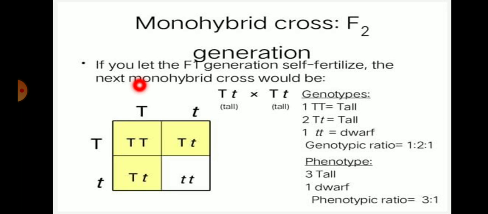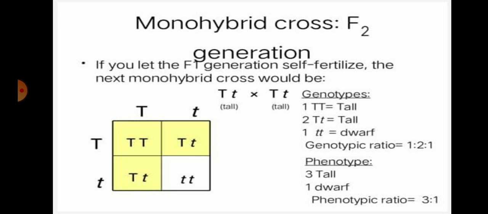So here we put capital T, small t, capital T, small t. The result would be capital T capital T, then capital T small t, capital T small t, and small t small t.